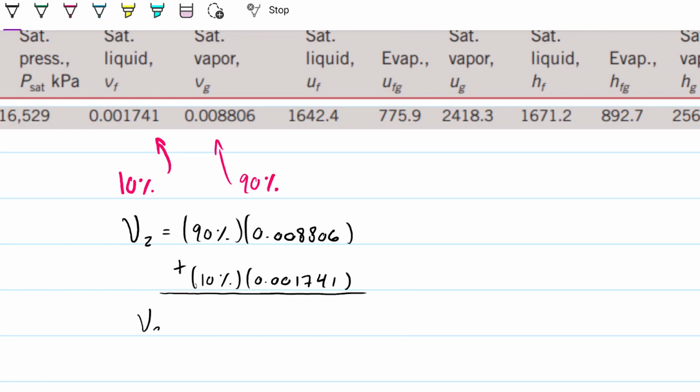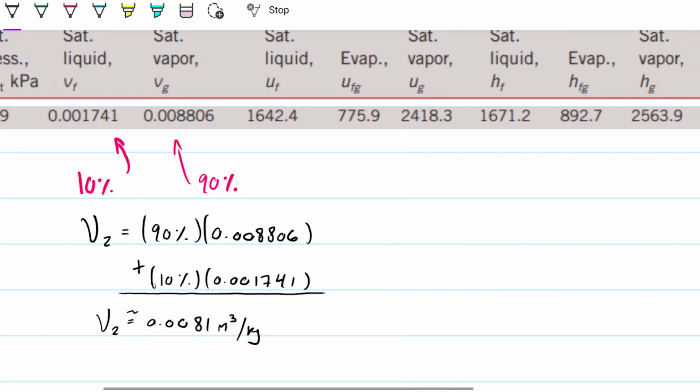Okay, and that gives me that specific volume 2 is about 0.0081, and that is meters cubed per kilogram.